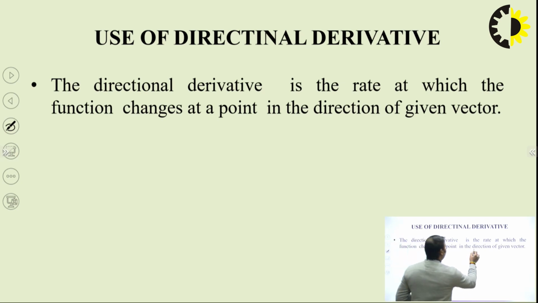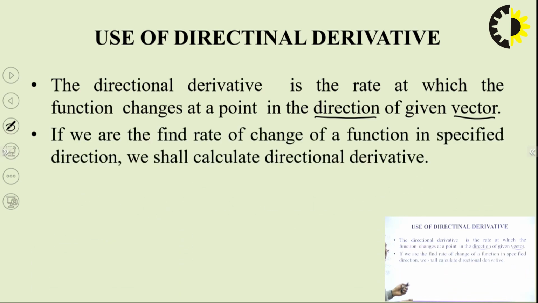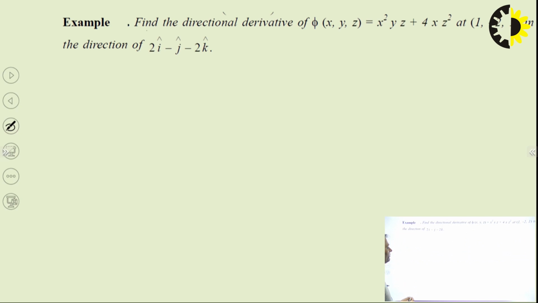We can find out the direction where the vector is given to us, right? It's very helpful. So we can find the rate of change of the function in a specified direction, we shall calculate the directional derivative. That was basically the application of directional derivative.